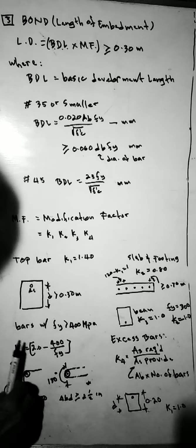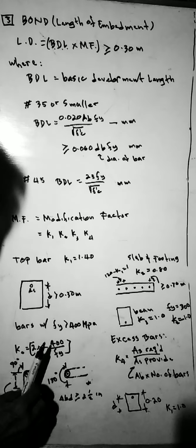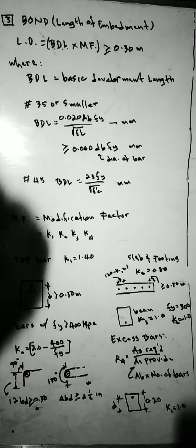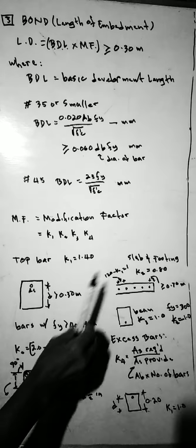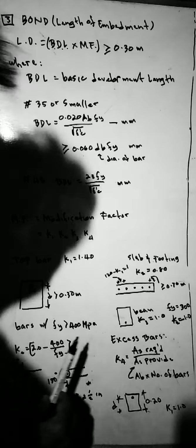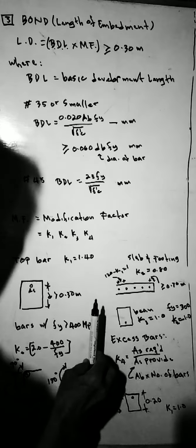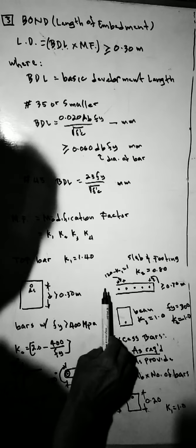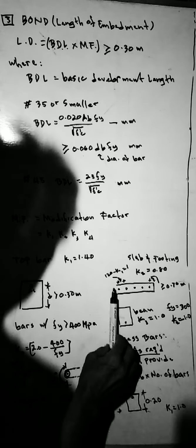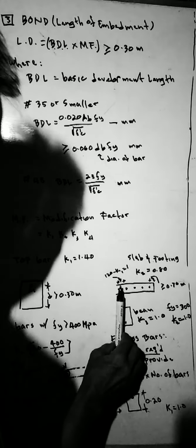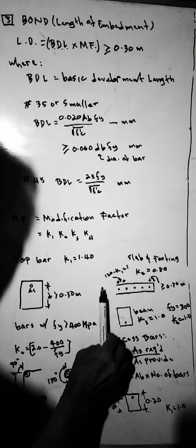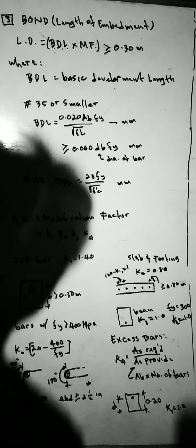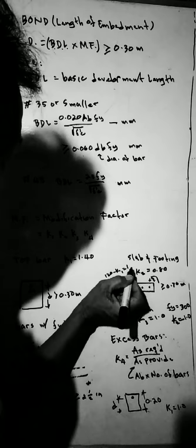That is for the bars with Fy greater than 400 megapascal. For the slab and footing, for the slab, spacing of the steel bar for the slab 120, K1 is equal to 1.0.